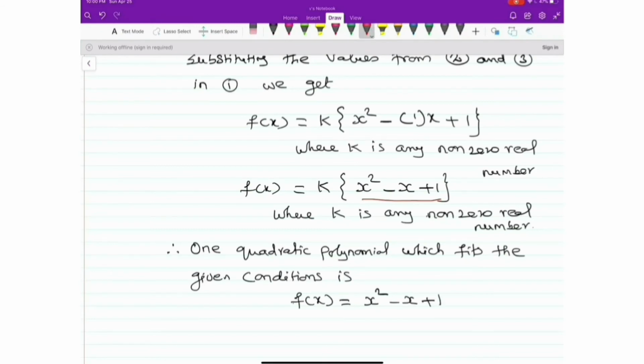You can write your answer at the end. Just rewrite the same statement.